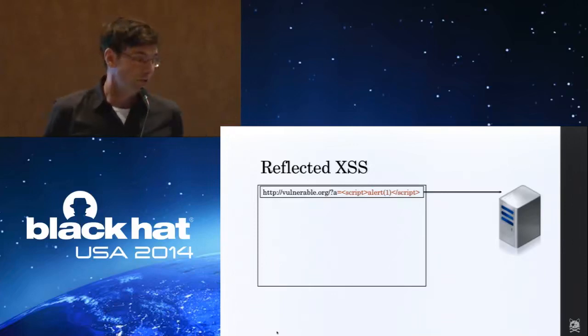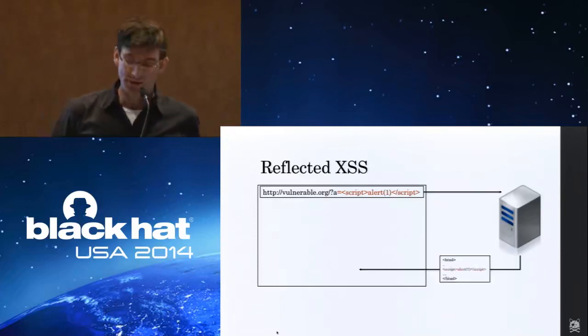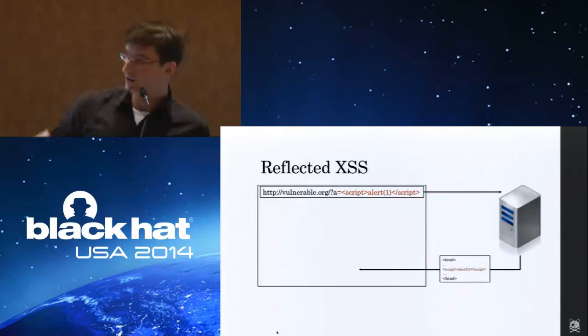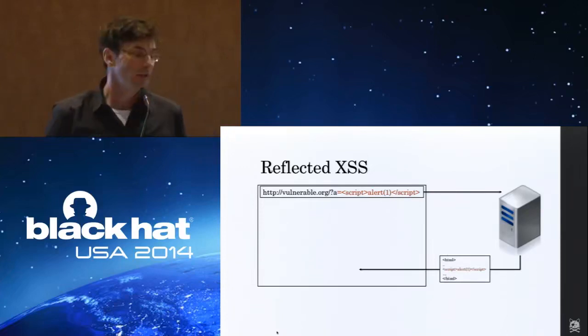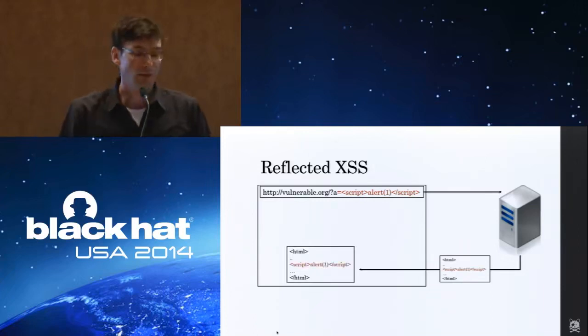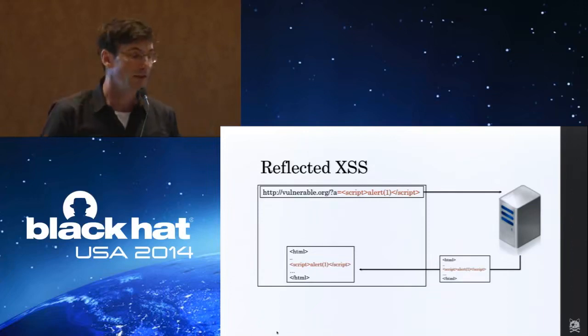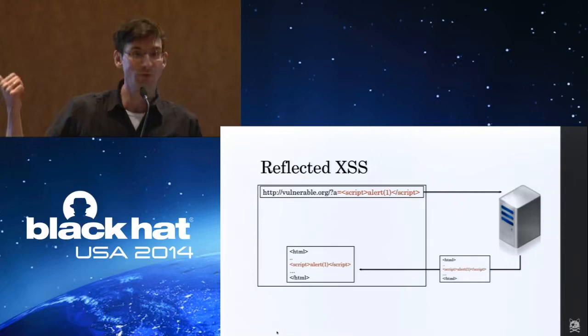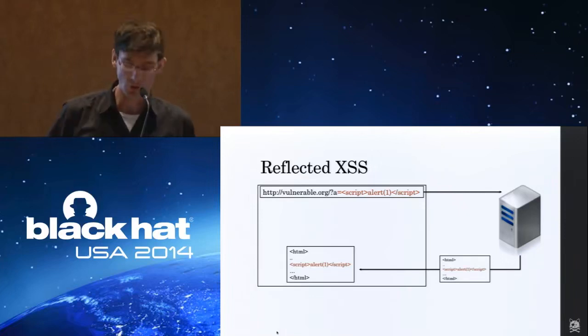This URL is then server-side or client-side processed, and the payload that you can see in red here is then part of the HTTP response and interpreted by the web browser in a context which then leads to JavaScript execution. We will come back to this slide later on when we talk about how to stop this.